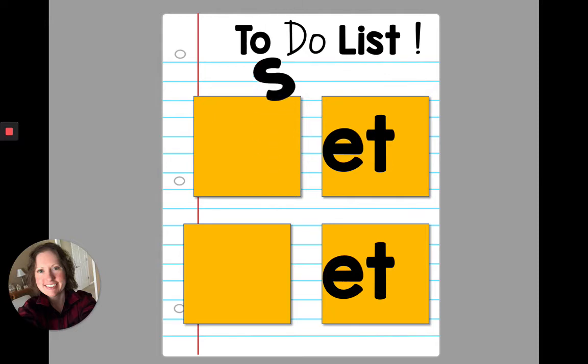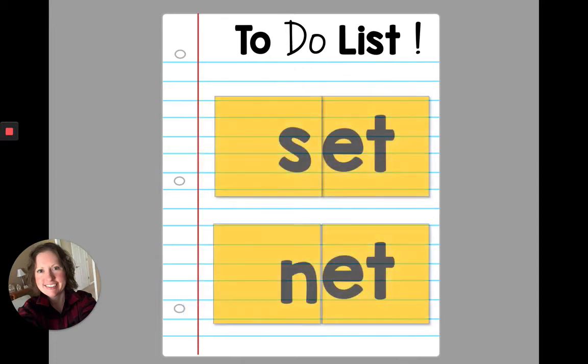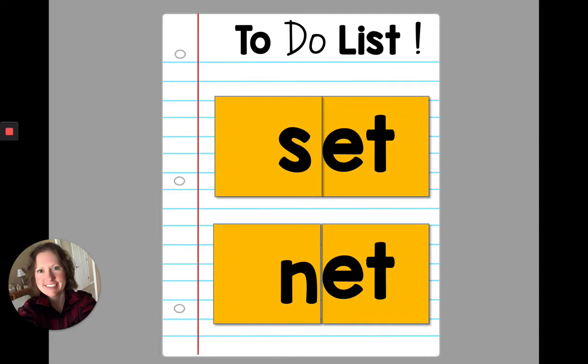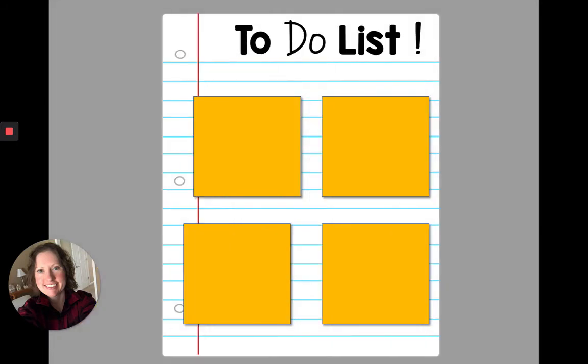I'm going to add an S to this one. Set. And I'm going to put an N down here for this one. Net. I know when I push those cards together, I'll have made two new words, set and net. Go ahead and keep making some more cards so that you have more cards to play with in our game.